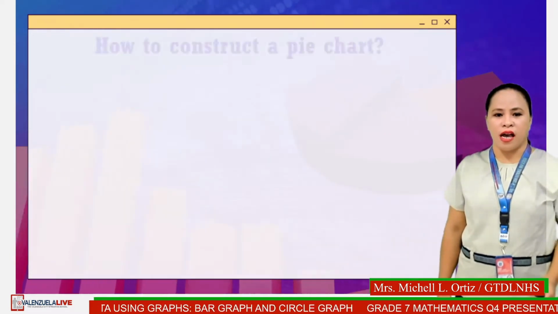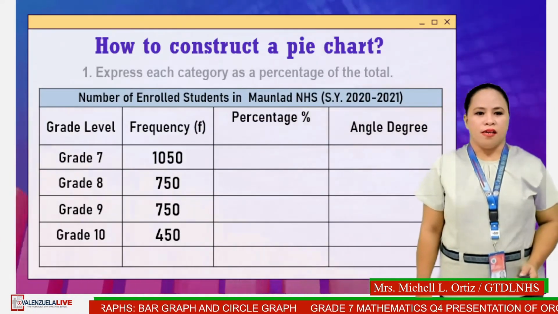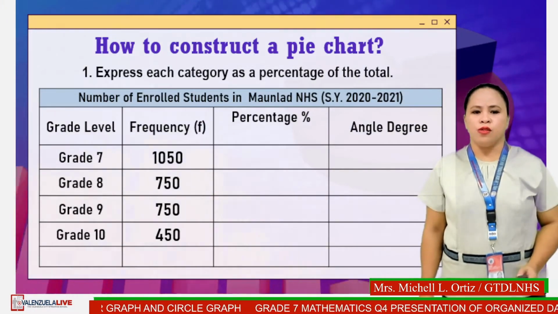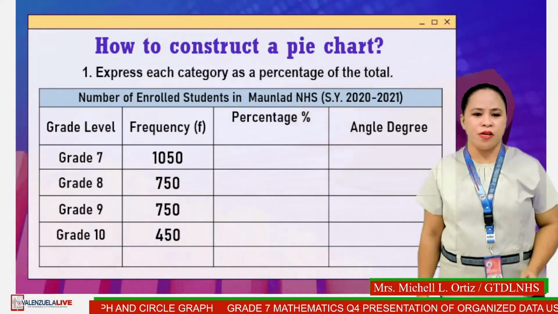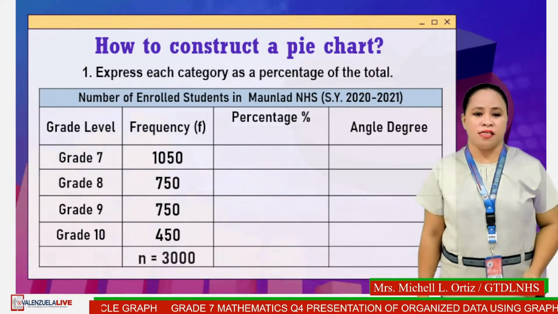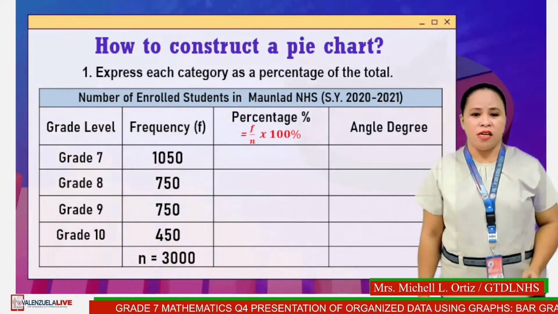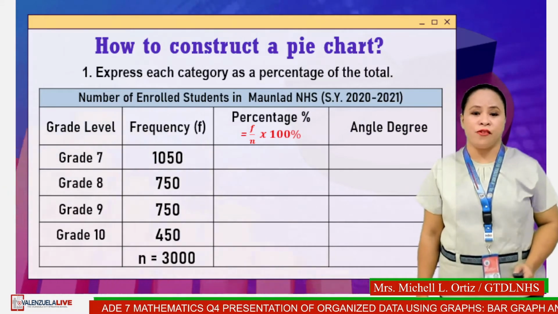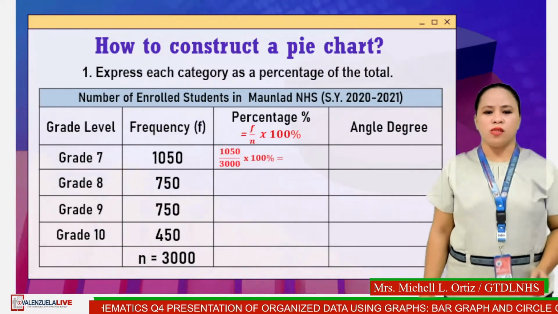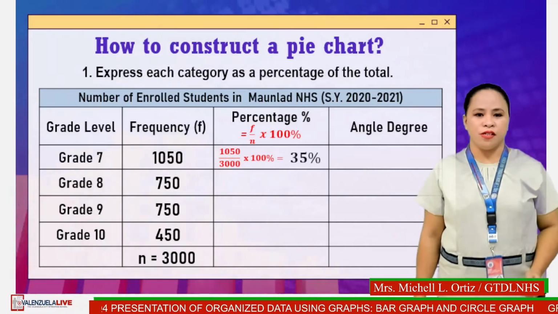How to construct a pie chart? Number 1, express each category as a percentage of the total. To do this, simply divide the frequency of each category by the total frequency, then times 100%. For grade 7, the frequency is 1050 divided by 3000, which is the total frequency, times 100%, we have 35%.